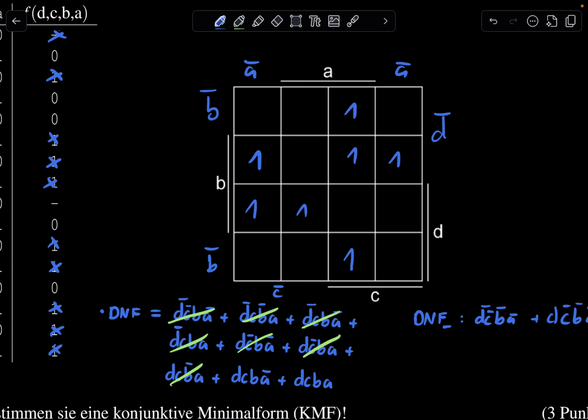That checks out. D, C, B, so this area, but A, oops, that's gonna be D, C, B, but not A, perfect. And then the last one, DCBA, perfect.